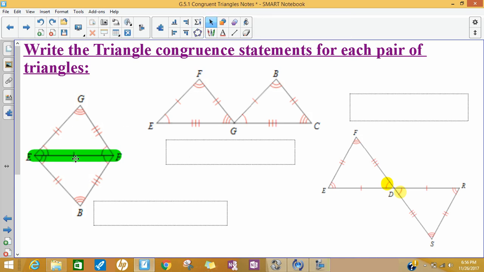So I'll look and I'll see that in my triangles, F corresponds in both places. The angle F in each triangle is the same, so that's my first letter. Then E is the same, and then B and G. So I have triangle FEG and triangle FEB.